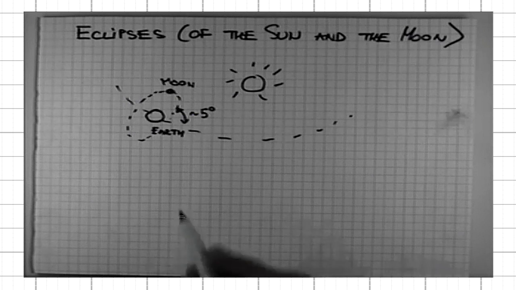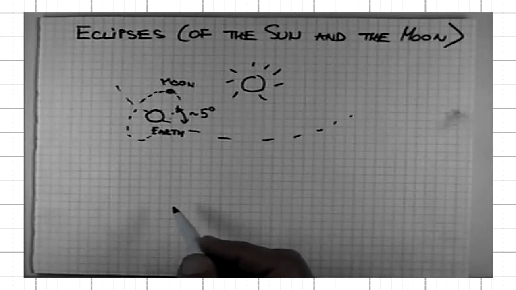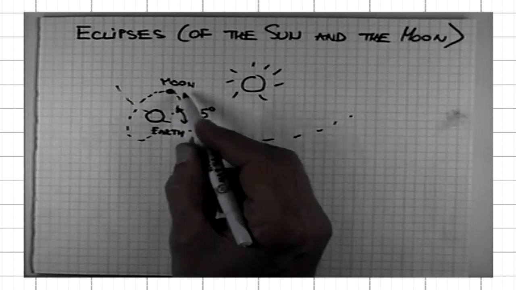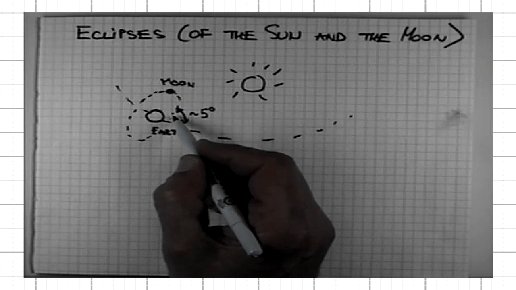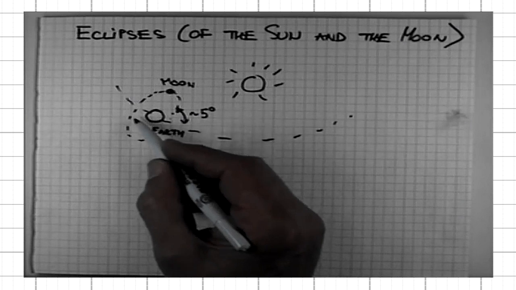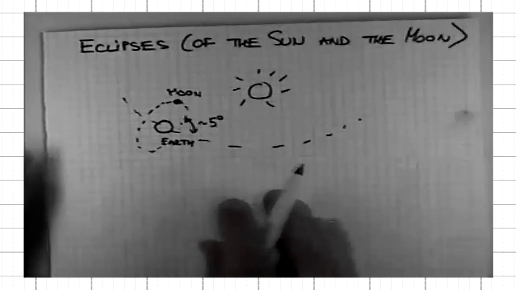Okay, so it takes the moon 1 month to make a complete revolution, which means that for about half of the month, the moon is above the ecliptic, and for the remaining half, it is below the ecliptic.